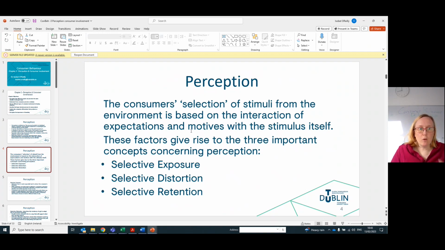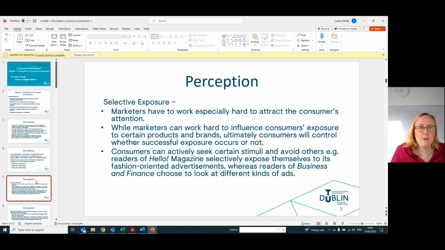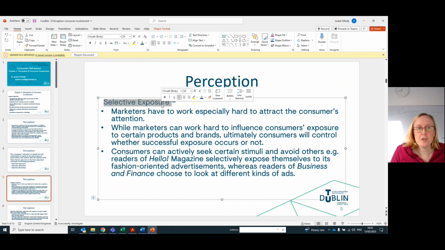As always, anytime we have a little list or definitions, these things lend well to being an exam question. So it's always worth remembering and trying to fully understand them. The first one is selective exposure.